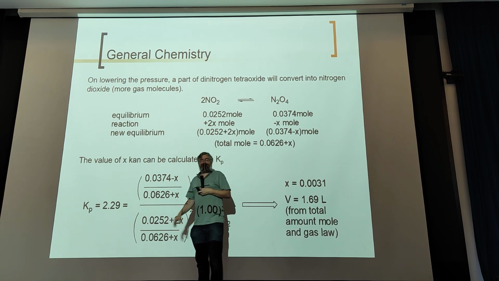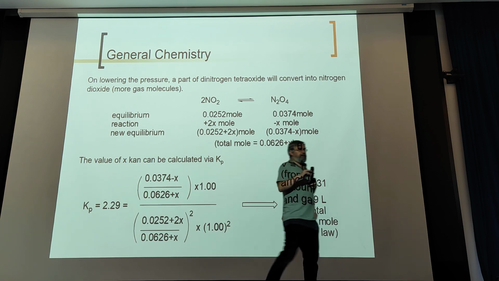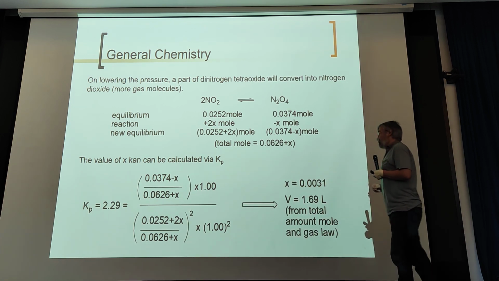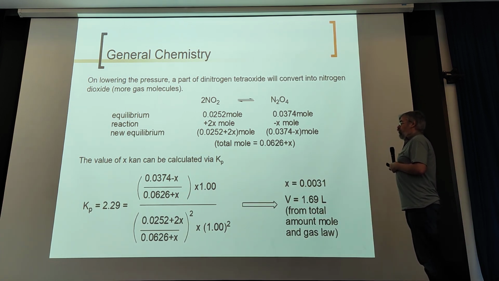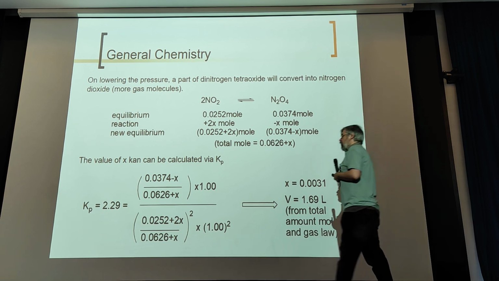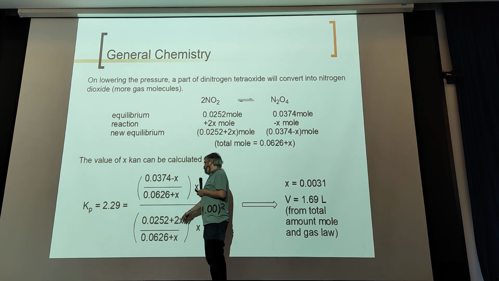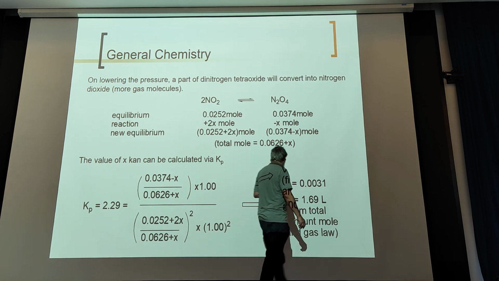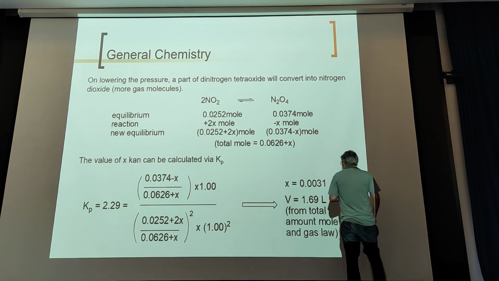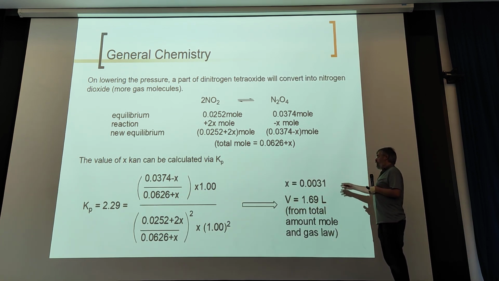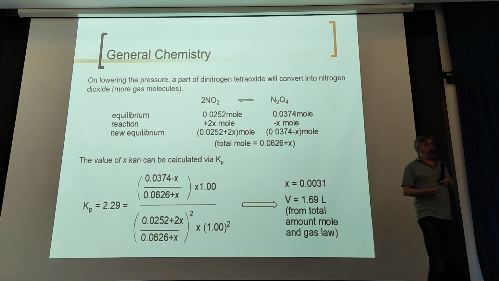Now X is small, so we can probably simplify this in a way. So then it is also possible to do the same here. And so from this we can actually calculate X. We can see that X is going to be 3 millimole, so only relatively small.